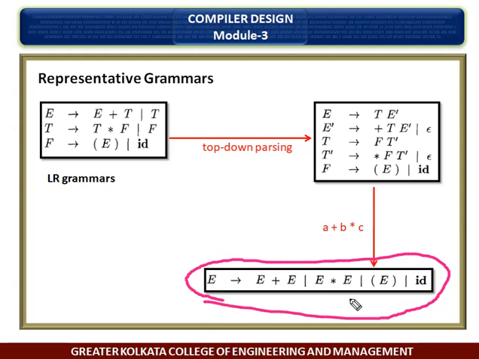Here E represents expressions of all types. Such grammars permit more than one parse tree for expressions like A star B, A plus B star C. That is how the grammar will be represented.